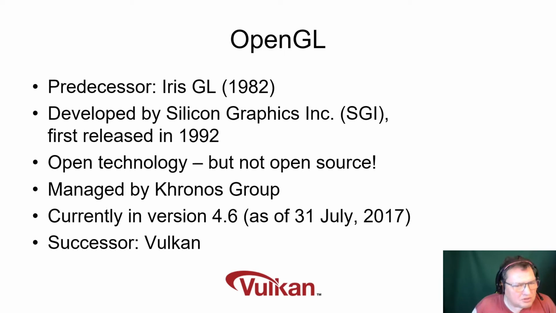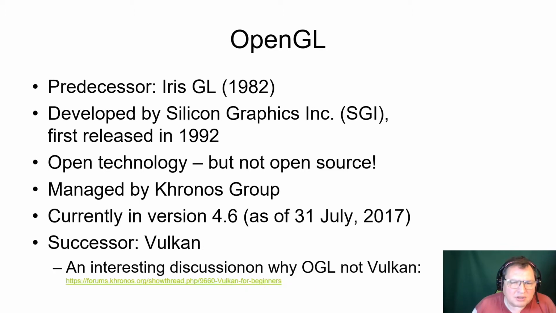And we will not use this system in our module because, well, it's not a very good system for beginners in 3D technology. If you are interested in a discussion why OpenGL should be used to teach 3D technologies and not Vulkan, you have this link here, and it should appear somewhere in the description of this video.